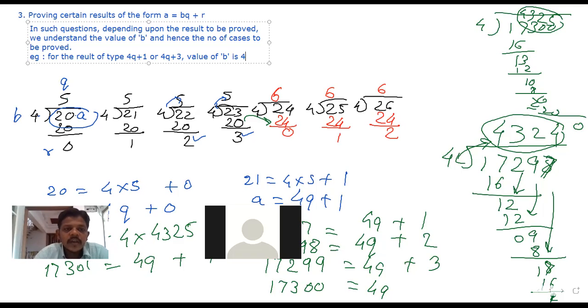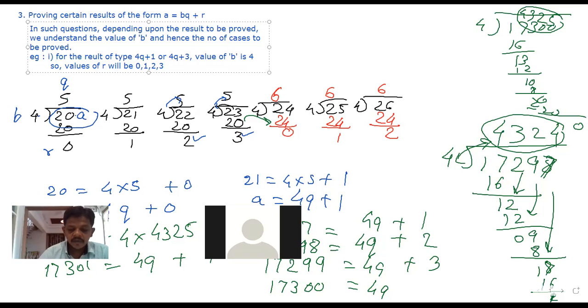Whatever is multiplied to q is b, for the result of type a is equal to bq plus r. So 4q plus 1 means b is 4, yes or no? Yes, sir. Value of b is 4, therefore the values of r will be what? When you divide by 4, what could be the values of remainder? 0, 1, 2 and 3.